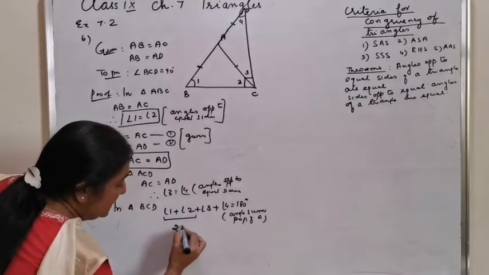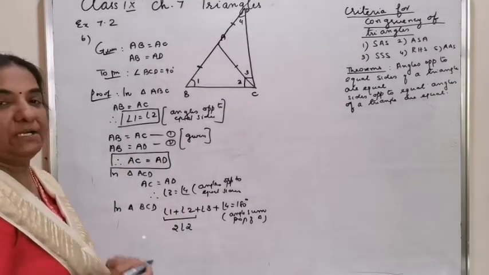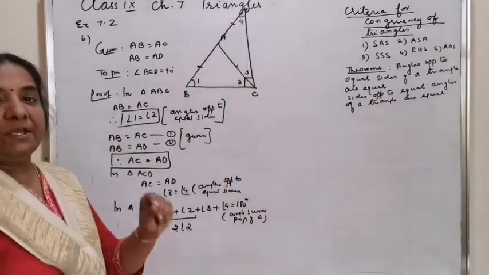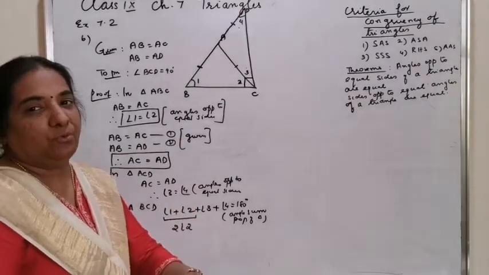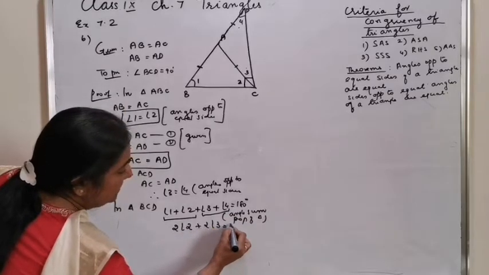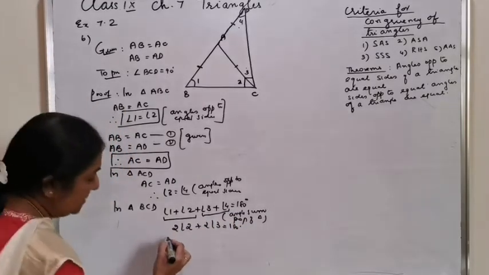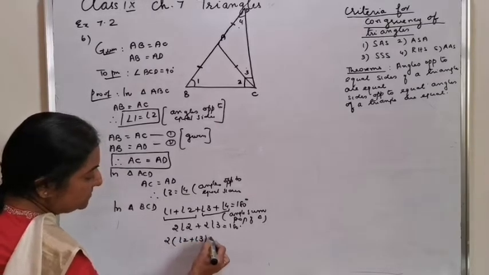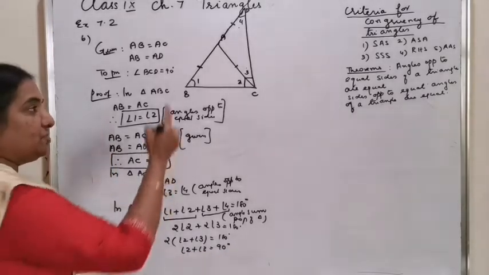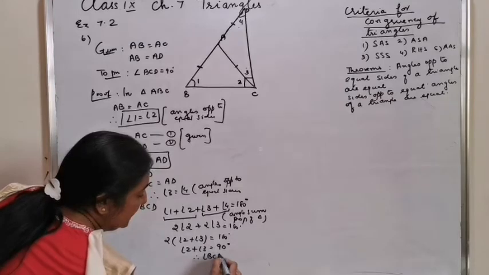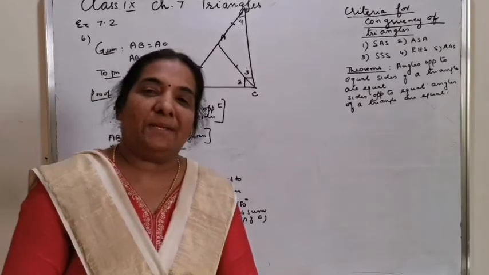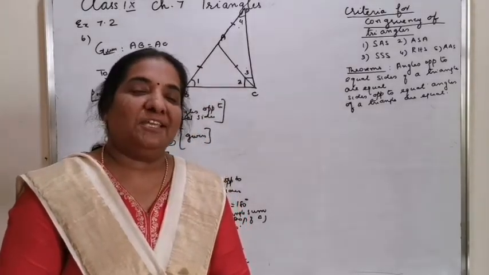Angle 2 plus angle 2 is twice angle 2. Similarly, since 3 and 4 are equal, you can choose either 3 or 4. We will choose angle 3, so it becomes twice angle 3. Twice angle 2 plus twice angle 3 is equal to 180, or angle 2 plus angle 3 is equal to 90, which shows that angle BCD is equal to 90 degree. It's an easy proof as well as a very important question for the examination.